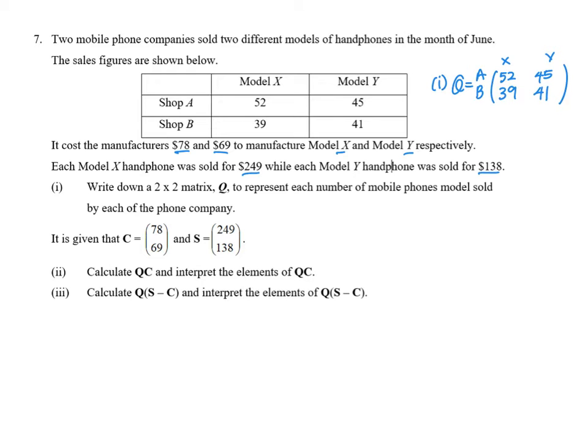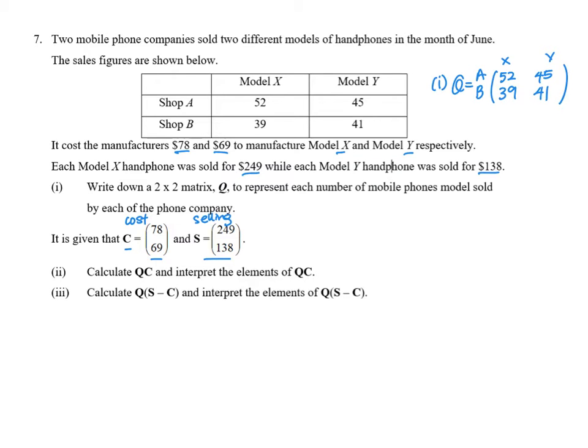Now it's given that the cost C is actually the cost of making. And now we have the selling price, okay, so it's $249 and $138.